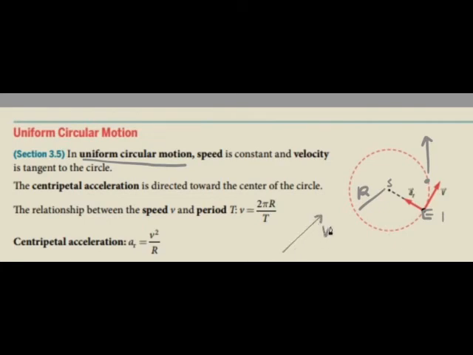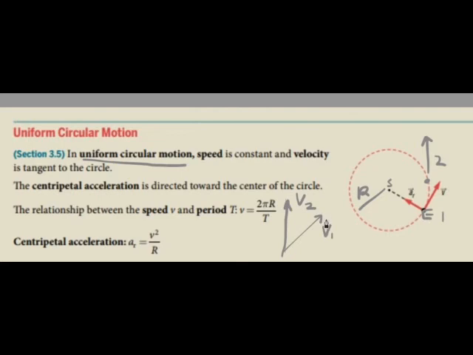So that's velocity 1. Now at this later point, we'll call that 2, we have the velocity in this direction. So that's the velocity at time 2.